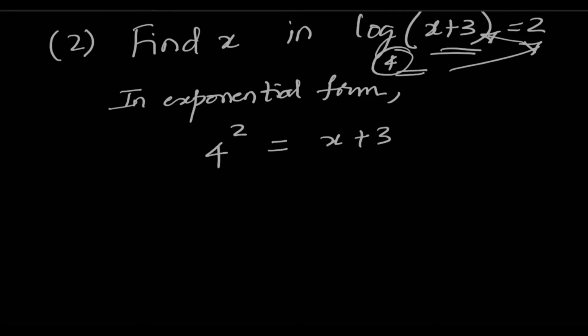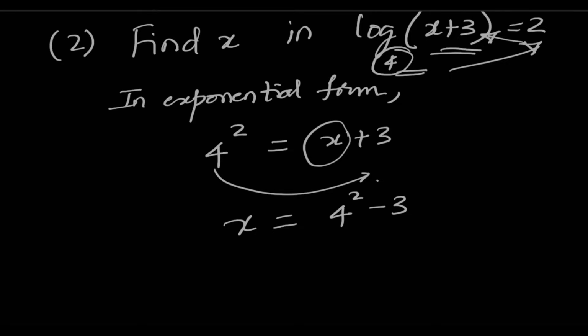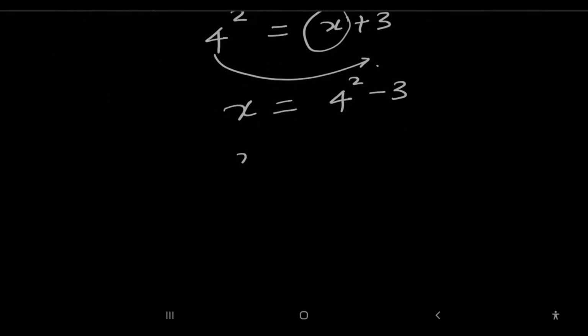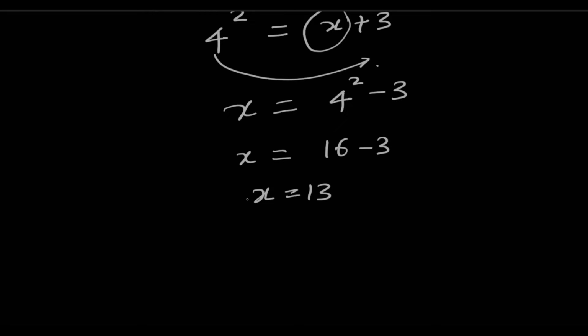Put all the x terms on one side and numbers on the other side. So x is equal to 4 square minus 3. This becomes 16 minus 3, which is 13. So the value of x is 13.